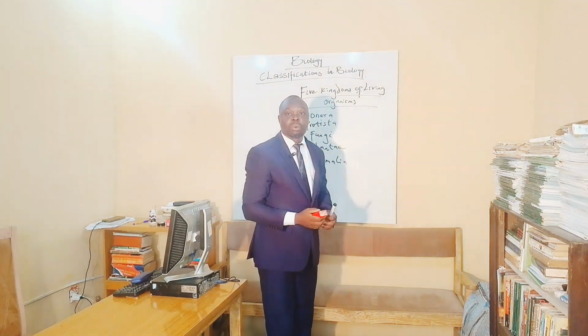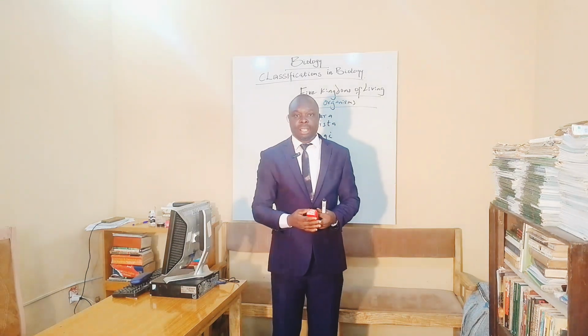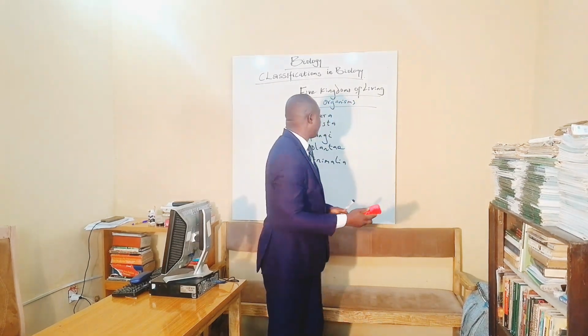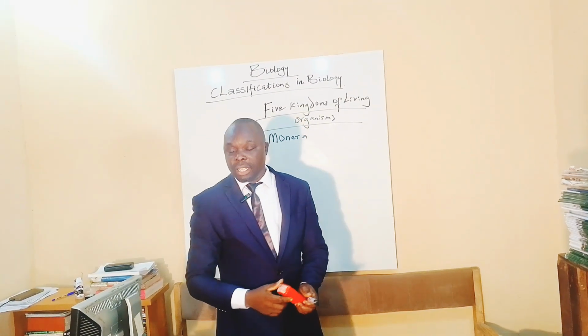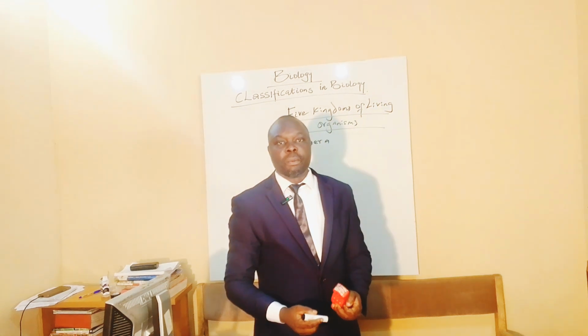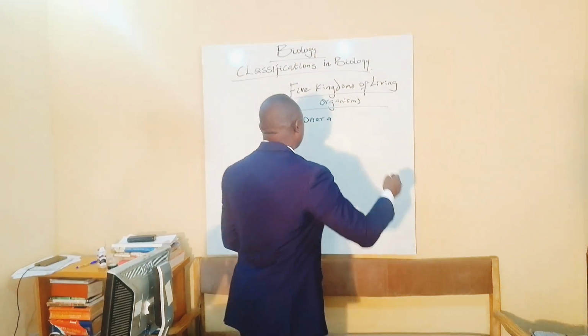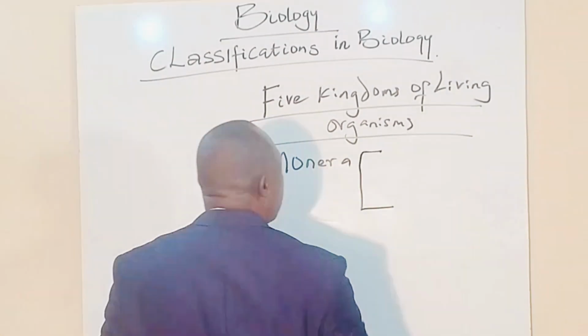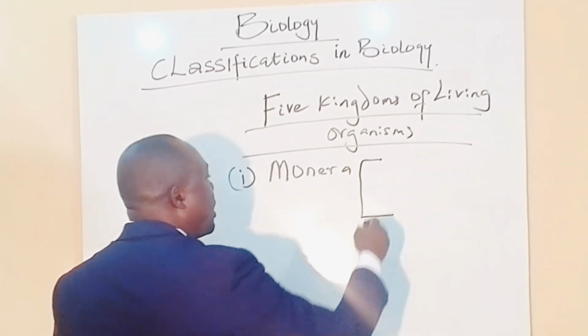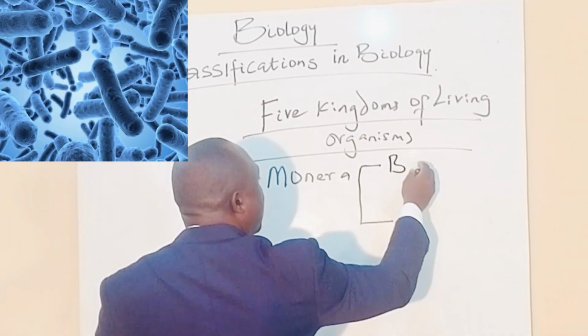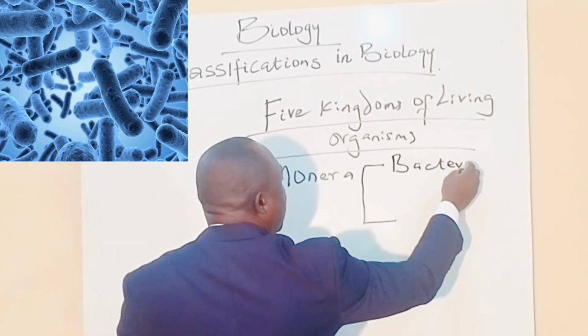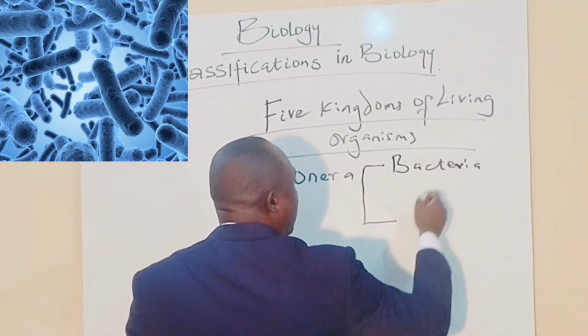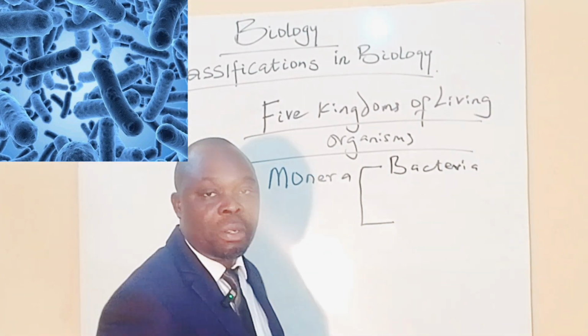We're going to start with the first one, Monera. Monera comprises the following: the bacteria and the cyanobacteria.